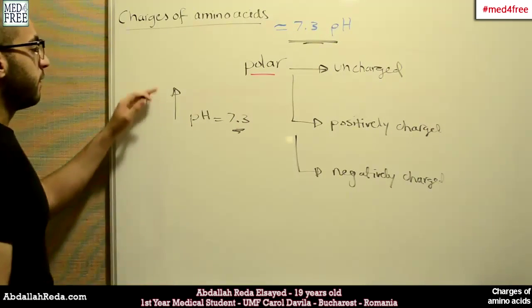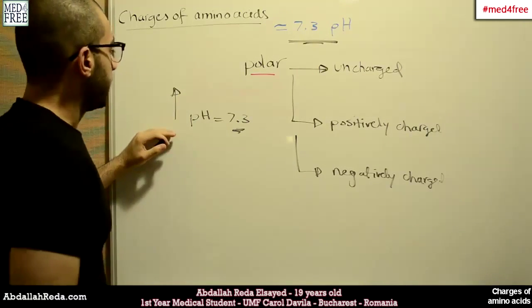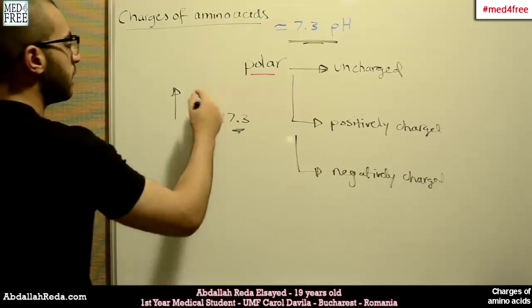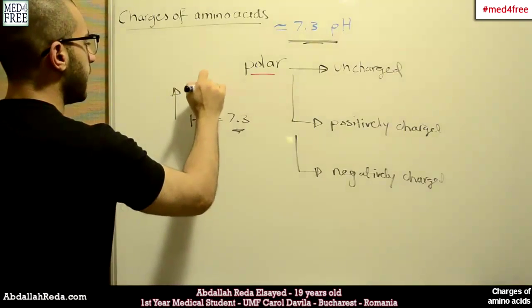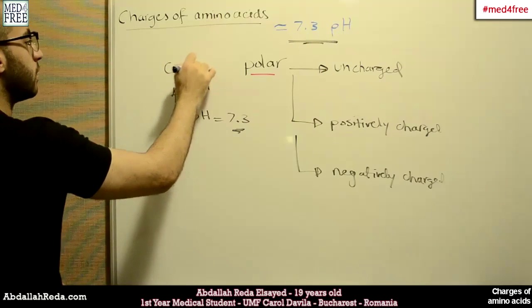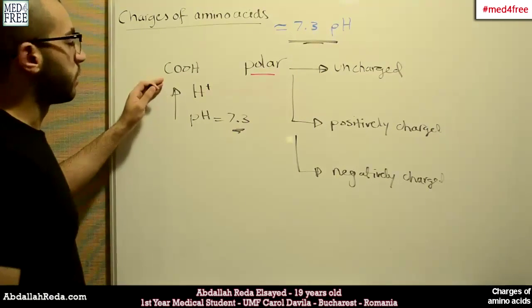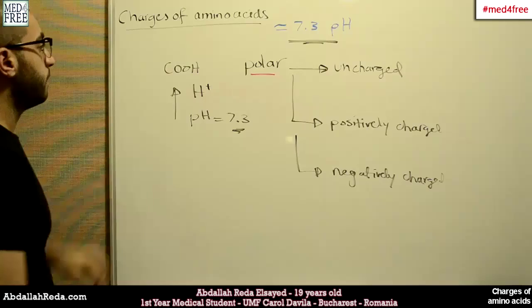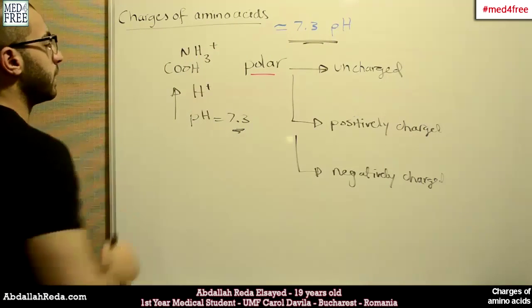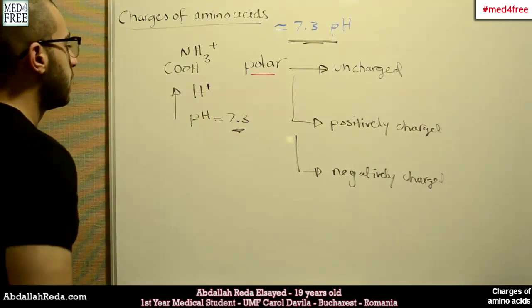Accordingly, if it's basic, it will keep the H's, the protons, attached. So for the carboxylic group, it will look like that, and the amino group will look like this.